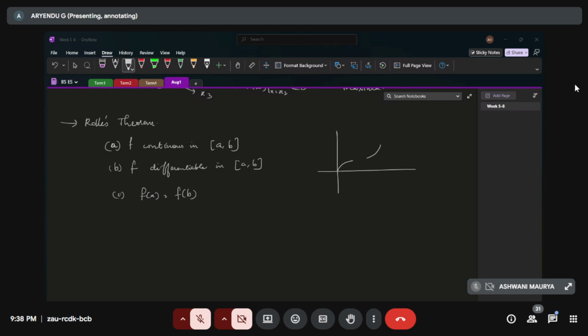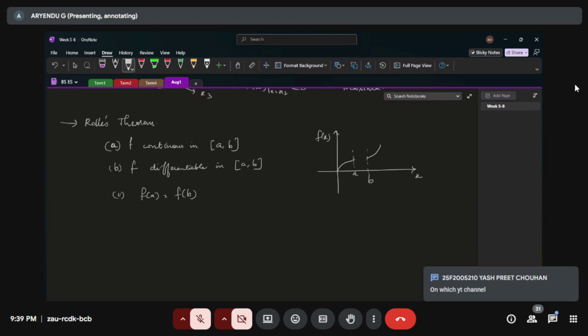Okay. So if you have a function like this, and this point is a, and this point is b, this is x, this is f(x). Pardon my drawing, but here we can see that f(a) and f(b) are equal.